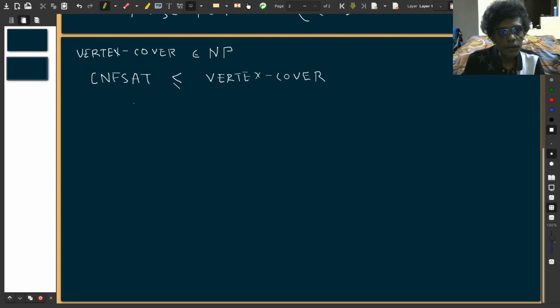So that means, again, given a Boolean formula phi in conjunctive normal form, I will create an undirected graph G, and I will also specify some L such that G has a vertex cover of size L if and only if phi is satisfiable. Okay.